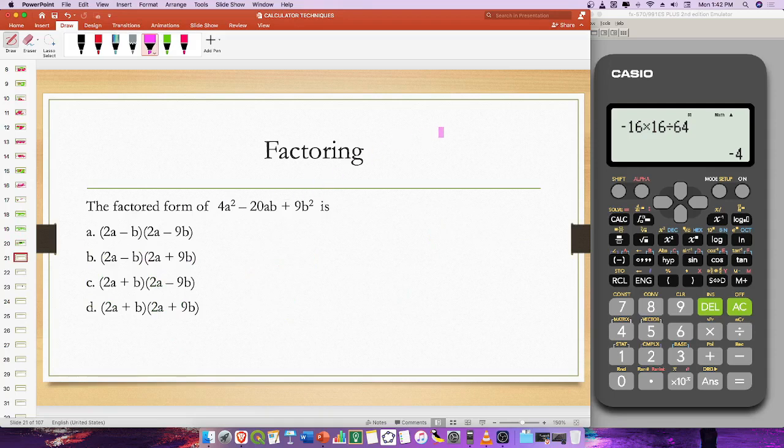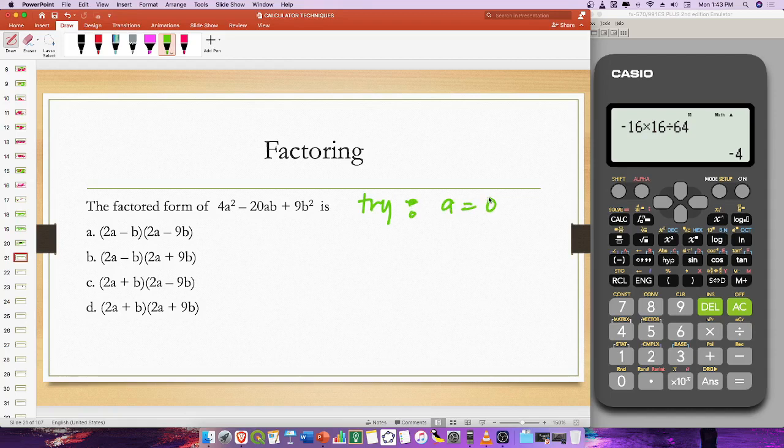Can we just substitute a equals 0? Now let's try it. This time, we will use 0.